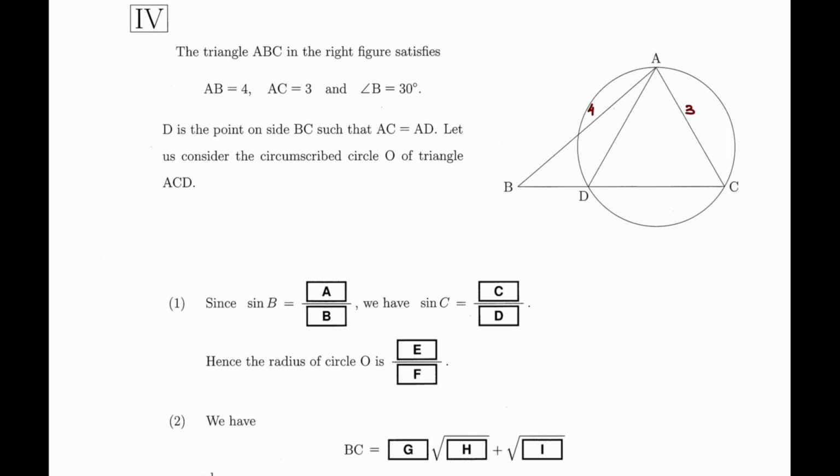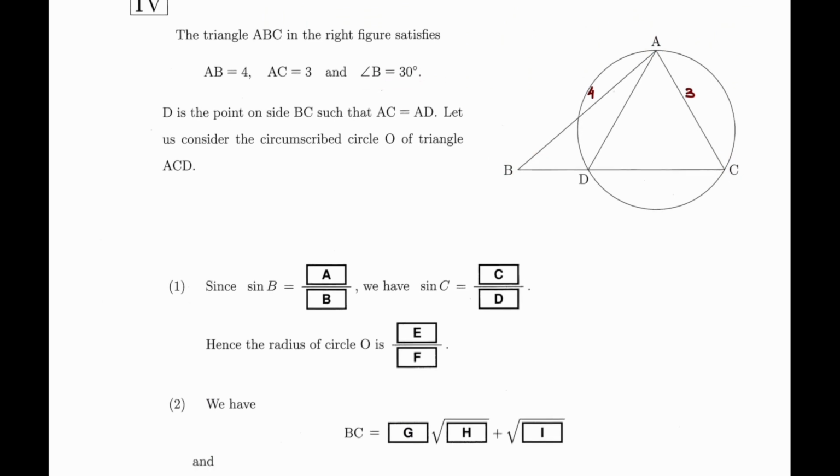And then angle B here is equal to 30 degrees. D is the point on side BC such that AC is equal to AD. That means AD is also 3.